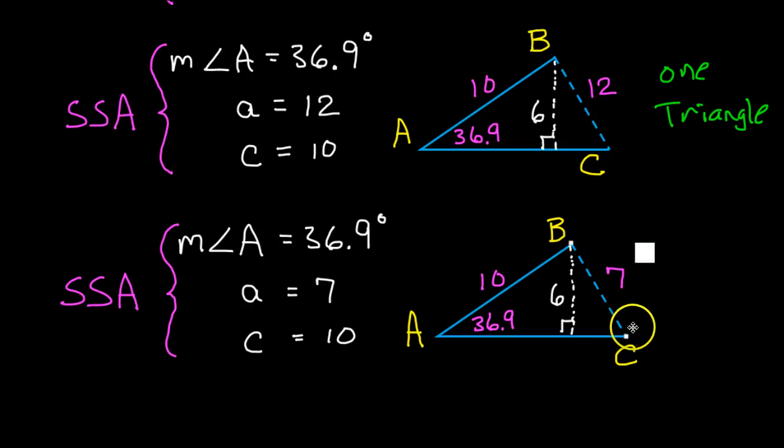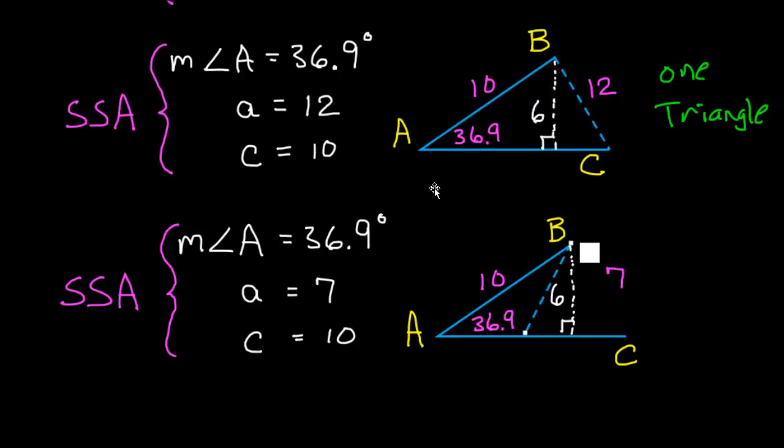And so let's see. If I take the end of this so I can swing it around, would it be possible that this side could also fit in here? Now, the last time it wouldn't fit because this was 10, and this other side, side A, was 12. There was no way that 12 was going to fit in here because this was only 10. It would be too big. It would stick out.